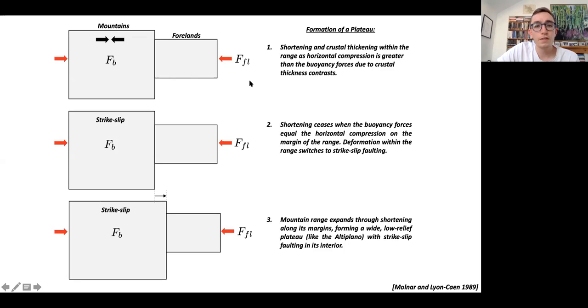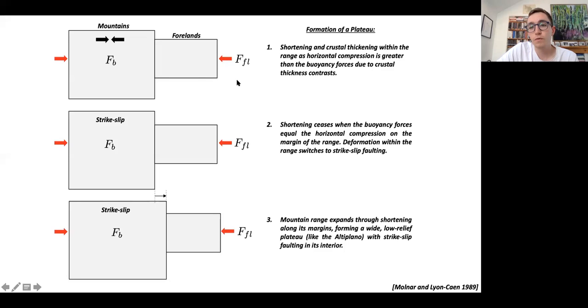This model basically says the deformation state within the mountain ranges is dominated by a balance between two predominant forces: the force acting through the foreland lithosphere that's squashing the mountain belt, and the buoyancy forces due to crustal thickness contrasts between the mountains and the forelands.